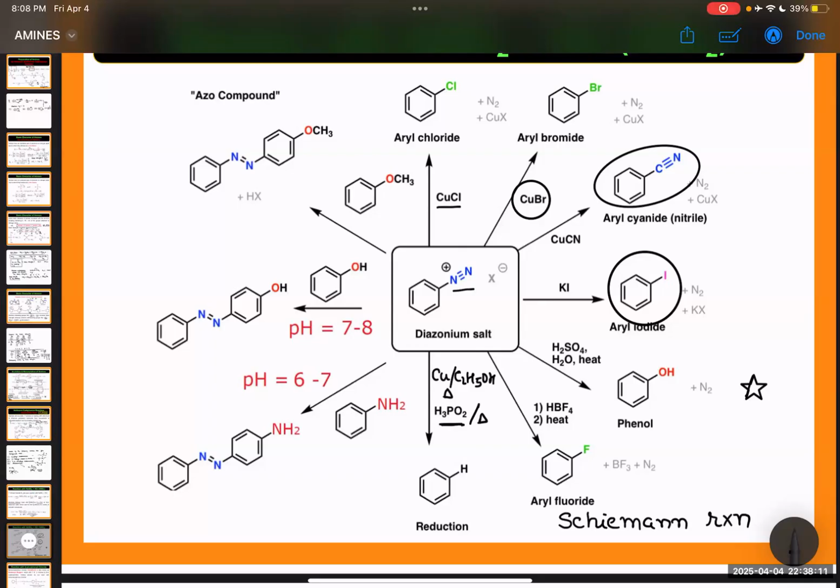If you treat this diazonium salt, this set of reactions is different. What are these three reactions known as? Can you tell me? If you remember.